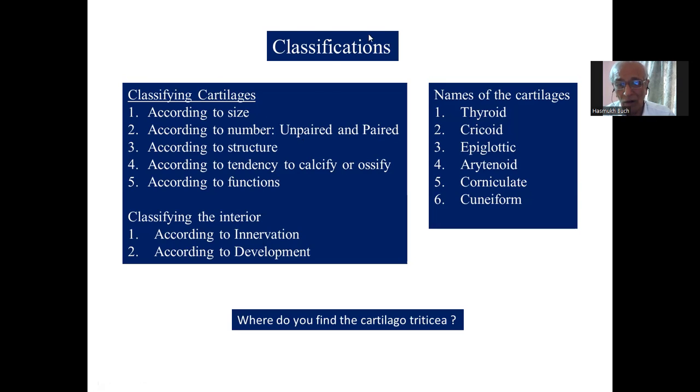E is for elastic. The paired cartilages, arytenoid, corniculate, cuneiform, are generally fibrocartilages, elastic cartilages. With the exception, base of the arytenoid, which is pyramidal in shape, the base of the arytenoid is hyaline. Apex is elastic.